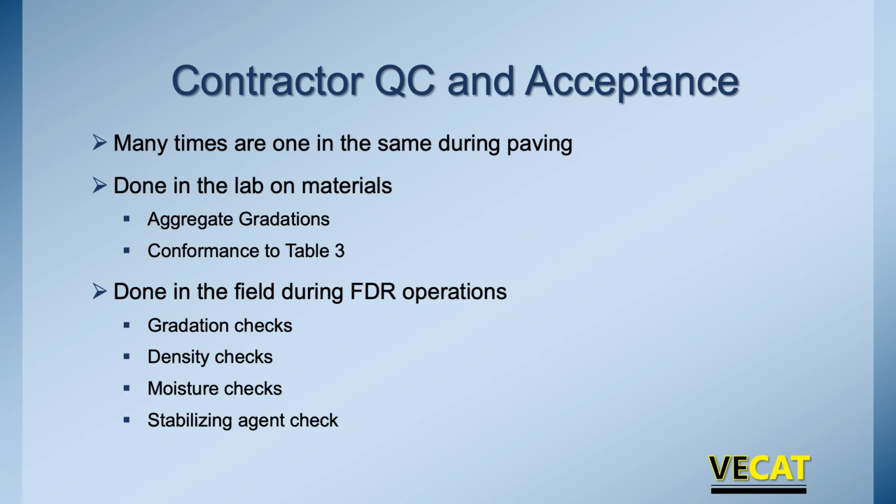So we're doing this back in the lab for FDR. Out in the field, constantly doing gradation checks, density checks, moisture checks, and stabilizing agent checks. These are all things done in the field by the contractor to ensure everything is proper. So a lot of that goes into your quality control.